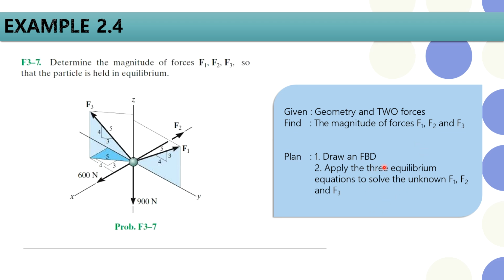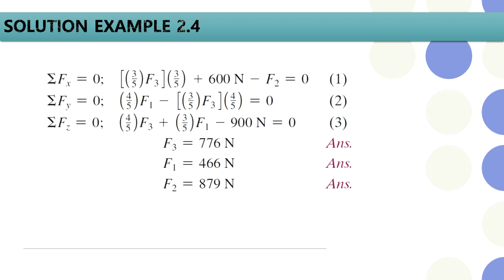Draw the free body diagram, then apply our 3 equilibrium equations. So we sum the forces along the x-axis like this, equation 1, and we do the same for the y-axis, followed by the z-axis.